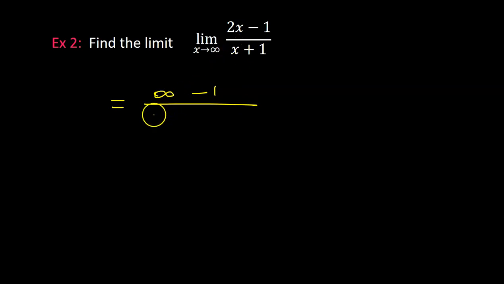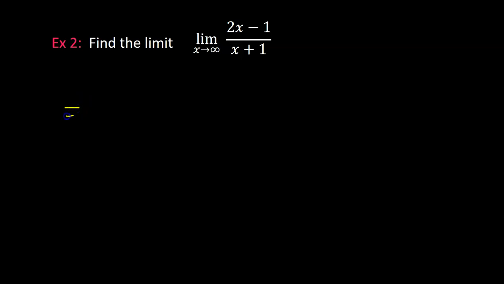The x, of course, approaches infinity. So this quickly becomes infinity over infinity, the indeterminate form, which tells us absolutely nothing. So that's why we have to use our trick of identifying the highest exponent in the denominator, and that tells us what to divide everything by.